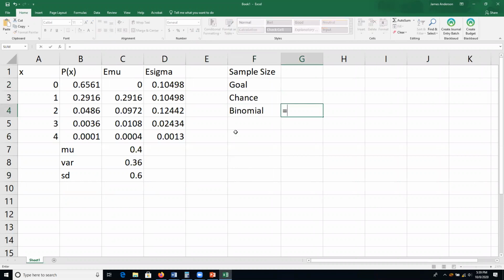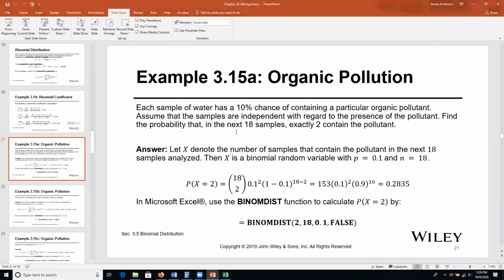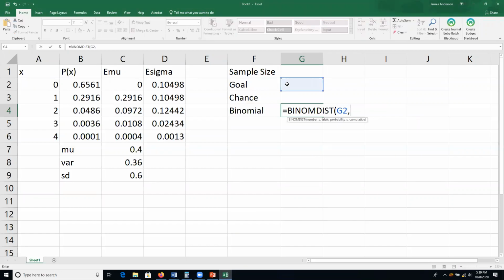Then you set up as a binomial, so equals binom.dist. The first one will be the successes, the second one is the sample size, the third is the chance, and then you do false.